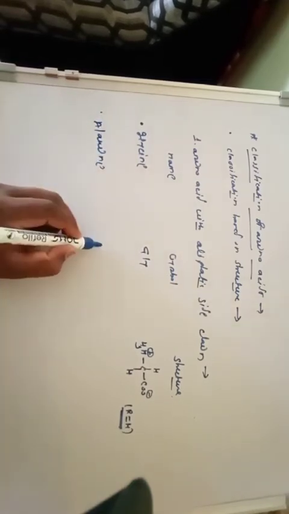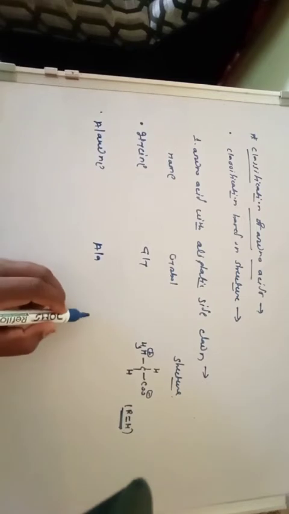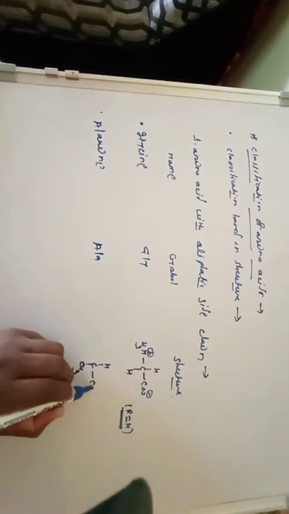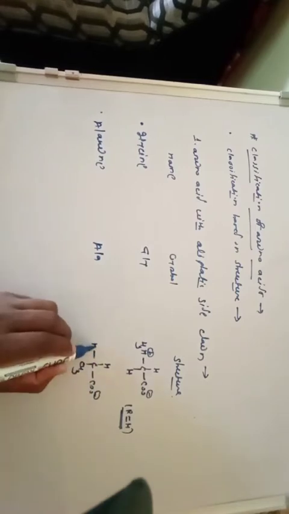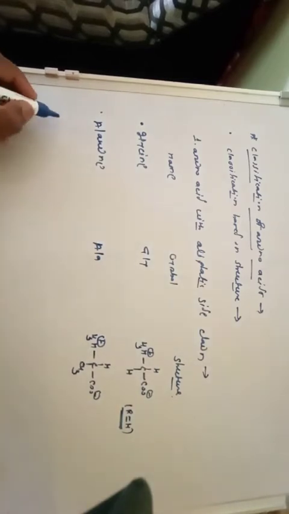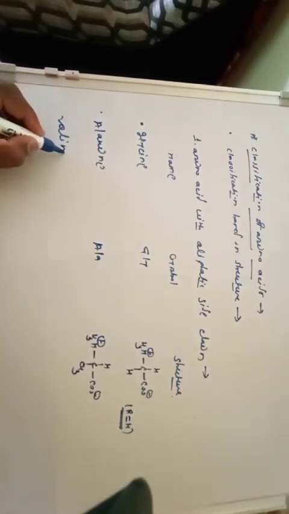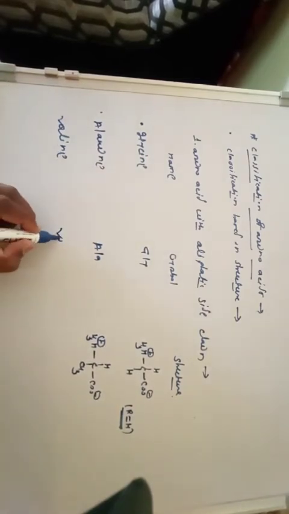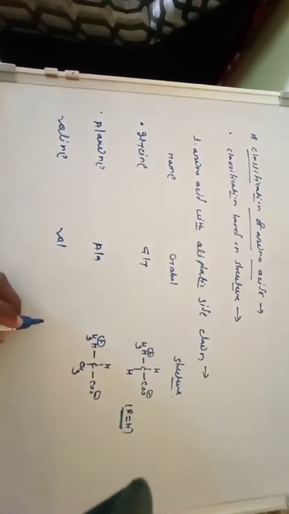Let us discuss the second, that is alanine, ALA, in which the R group is a methyl group: CH3 CH COO minus NH3 positive. This is alanine. The third one is valine, VAL.